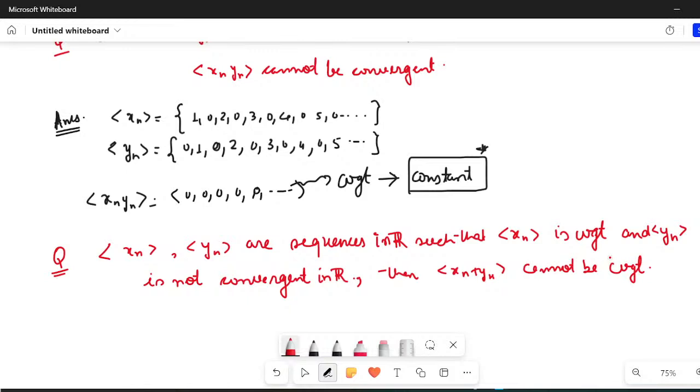True or false? Just let me know. I'm giving you 2 minutes. Try to solve this, and if you're not able to solve this, then I'll do it for you.